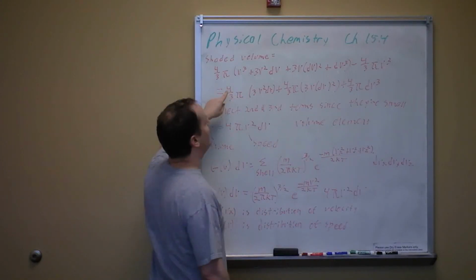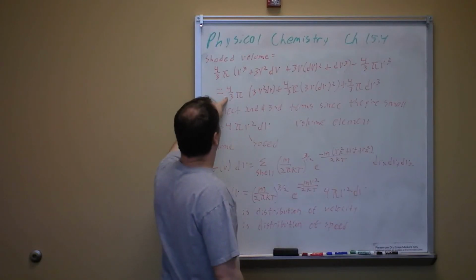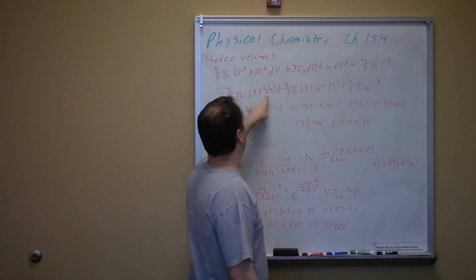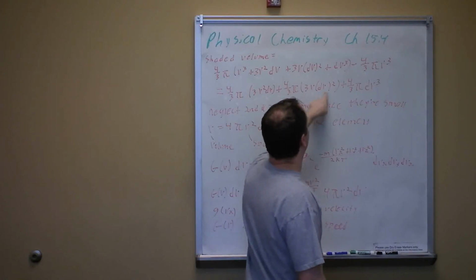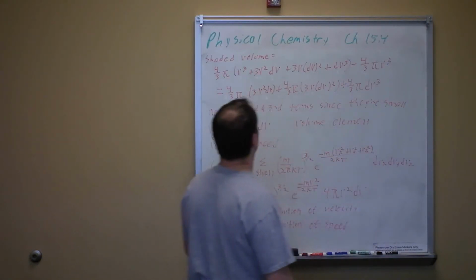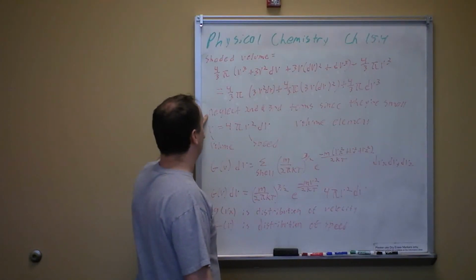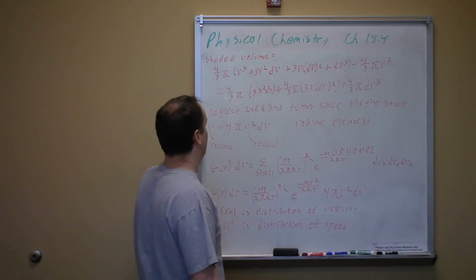Canceling out the like terms, we get 4/3 pi times 3 times the speed squared times the differential of speed, plus 4/3 pi times 3 times the speed times the differential of speed squared, plus 4/3 pi times the differential of speed cubed. Now we're going to neglect the second and third terms because they're small.